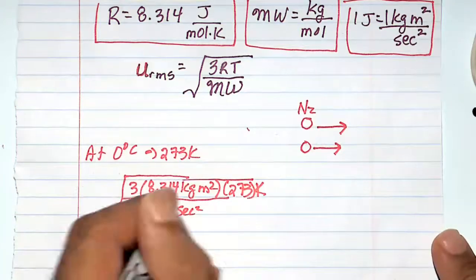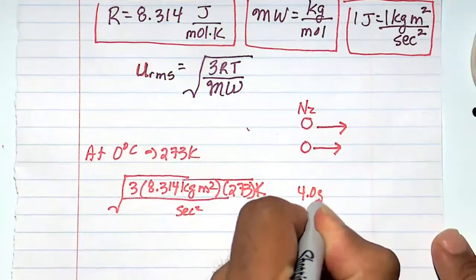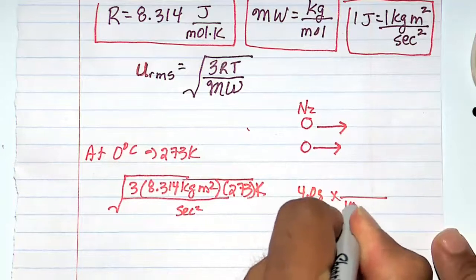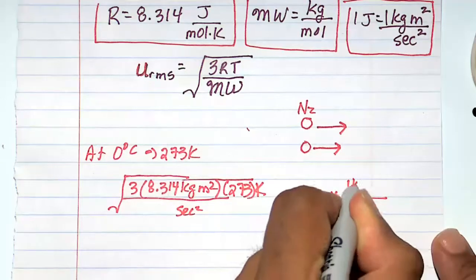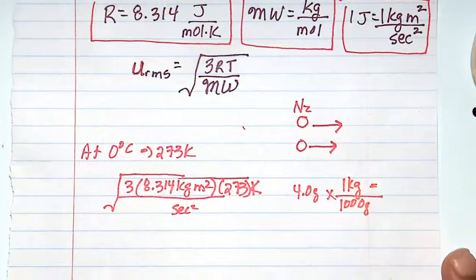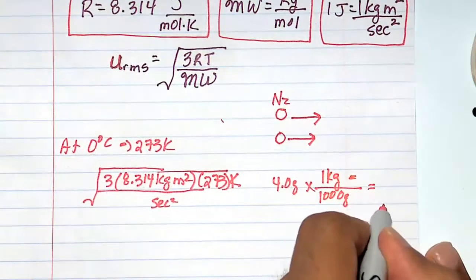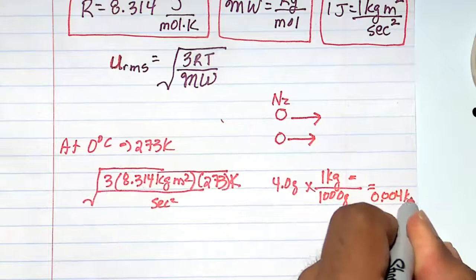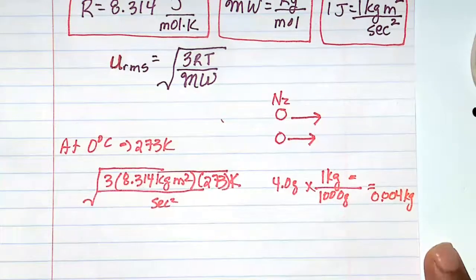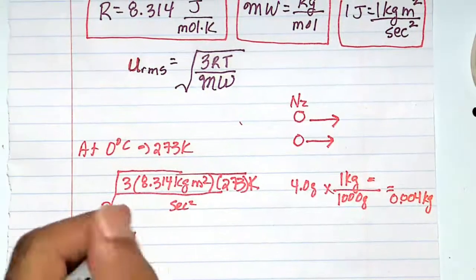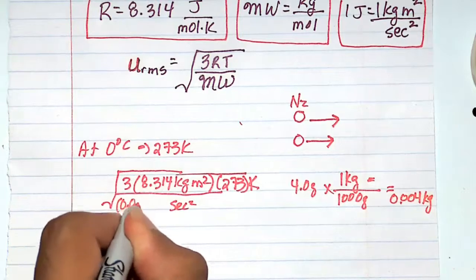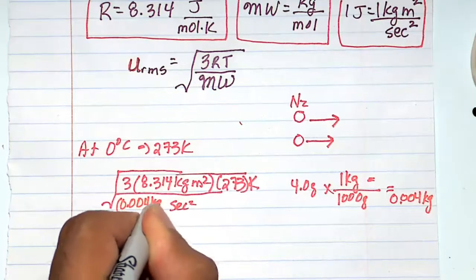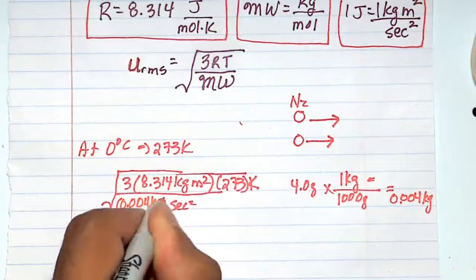Don't get tricked here. 4 grams per mole. Just as a reminder, 1,000 grams gives you 1 kilogram. So we have to move the decimal point 3 places to the left, so that gives us 0.004 kilograms. So 0.004 kilograms per mole is the molecular weight.